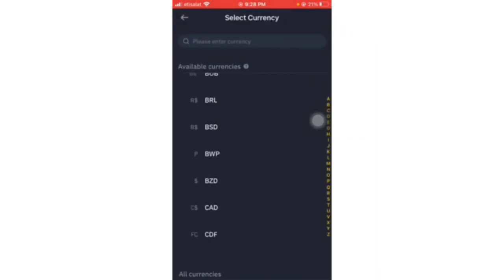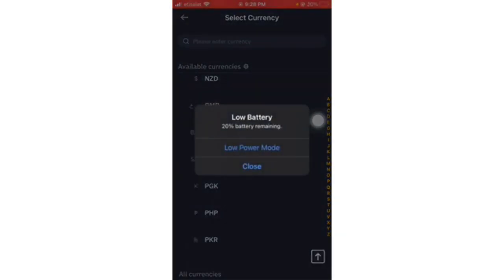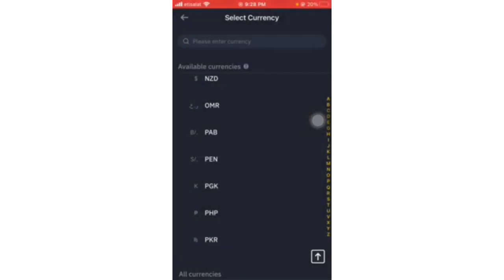If you want to trade USD, what P2P simply means is that you sell cryptocurrencies for fiat currency. So what is fiat? Fiat is like your national currencies, like the US dollars, the Canadian dollars, the Australian dollars, the Ghana cedis, the Nigerian naira, Zimbabwe dollars, and so on. That's what we call fiat currency.